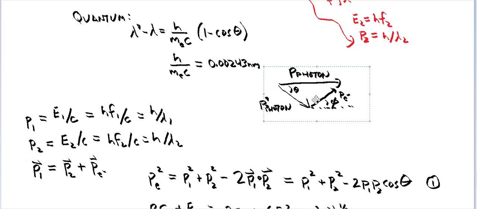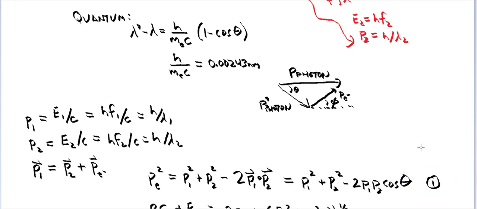And remember, our little triangle here just says that the instant photon's momentum needs to equal the scattered photon's momentum plus the electron's momentum. We can use the law of cosines here to say that the square of the electron's momentum is p1 squared plus p2 squared minus 2 magnitude p1 magnitude p2 cosine of the angle between them.